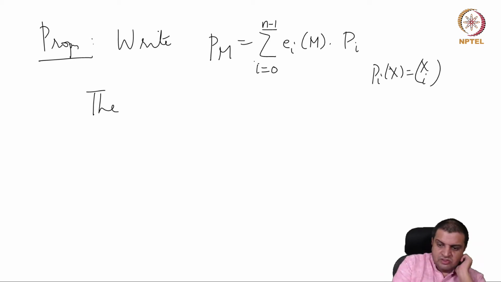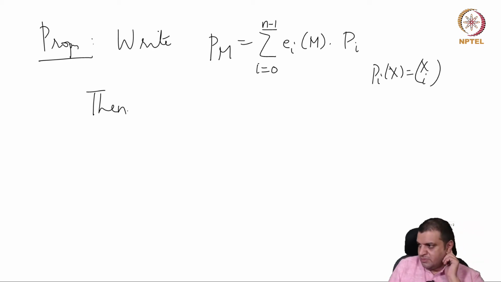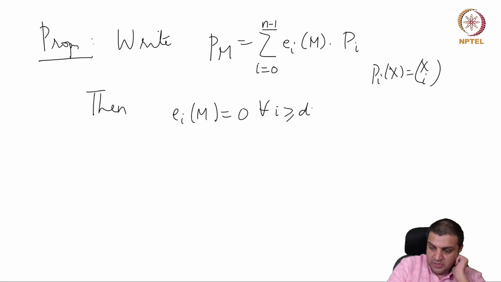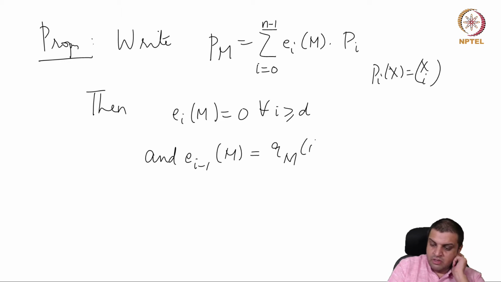Then, what is this expression's relation to the Hilbert series expression? Then ei of M is 0 for all i greater than or equal to d, the dimension, and e(d minus 1) of M equals Qm(1).